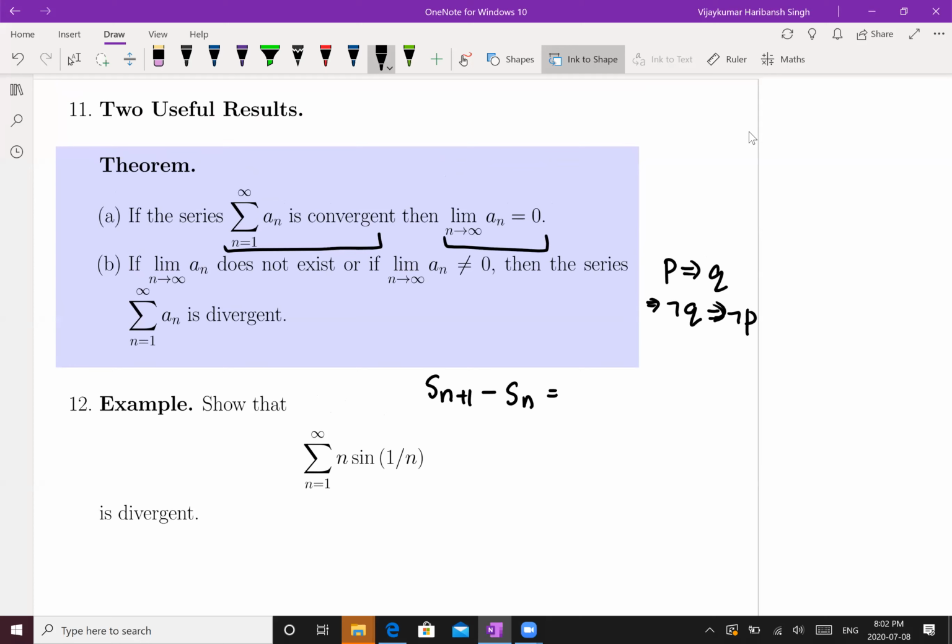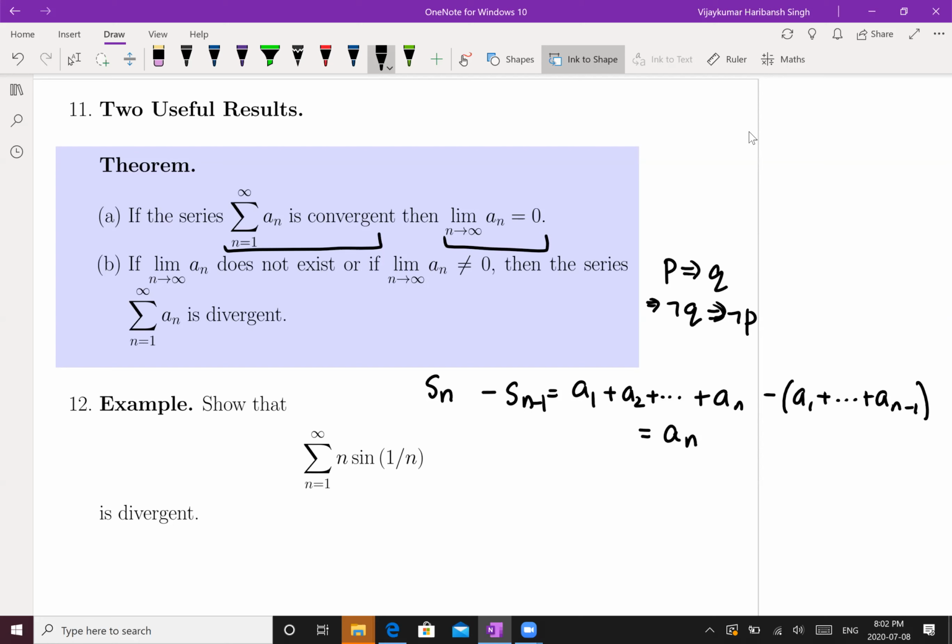This is going to be a1 plus a2 dot dot dot an plus 1 minus a1 all the way until an. So let's just take Sn minus Sn minus 1. So this is going to be an.